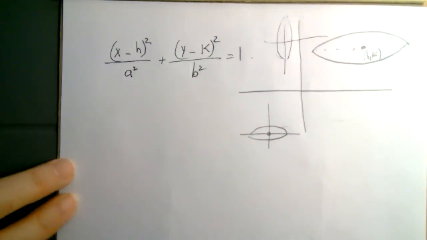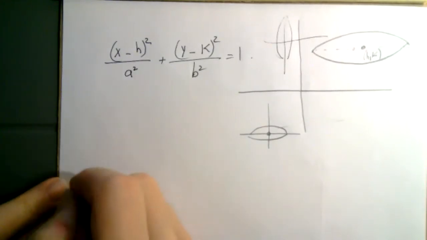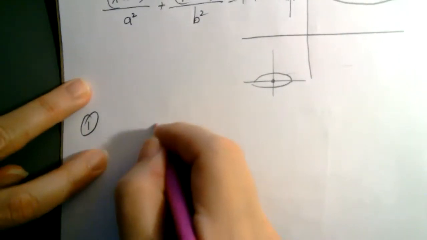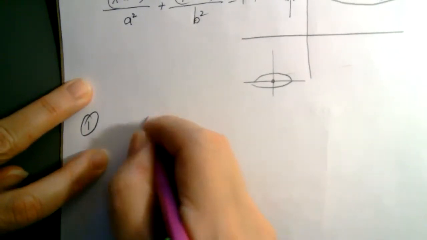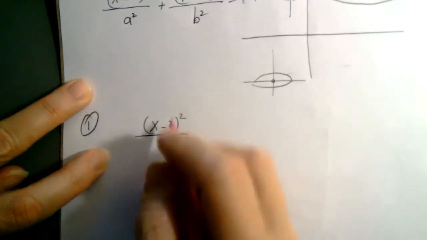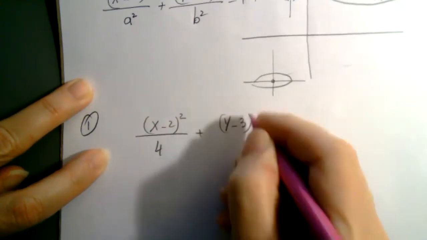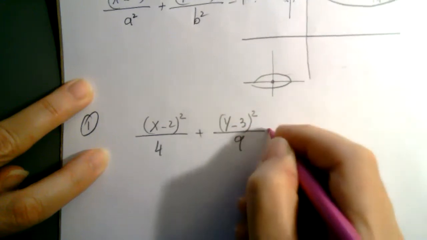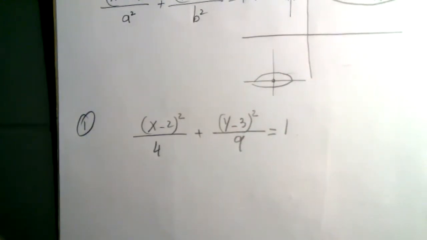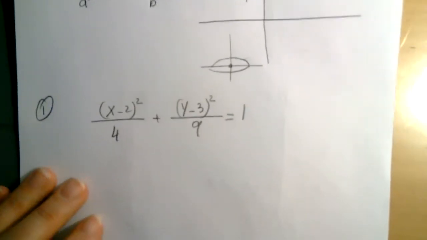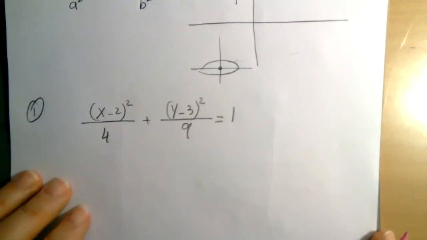Example number 1. I have one in my notes, probably I will copy it. I'm going to take this ellipse, (x minus 2) squared over 4, so I put it in standard format, plus (y minus 3) squared over 9, equal to 1. When we see this, we should recognize that this is an ellipse.